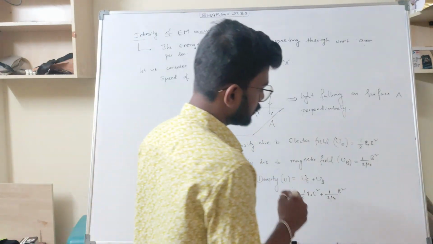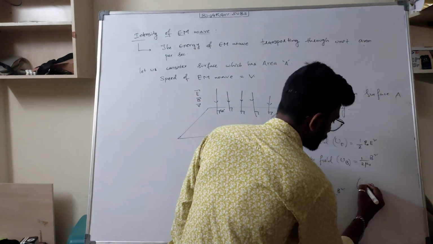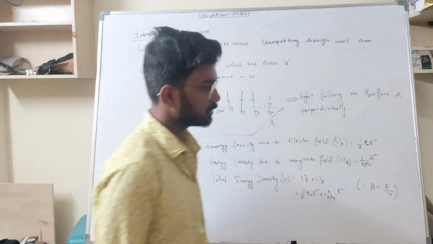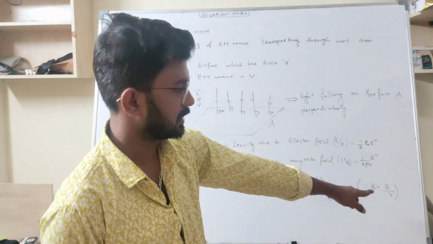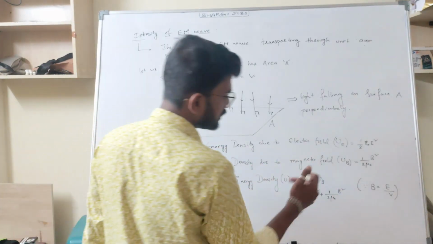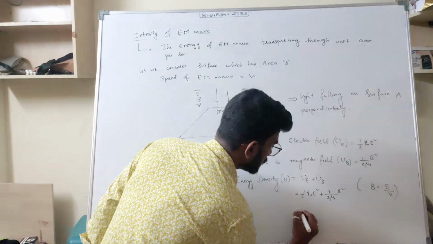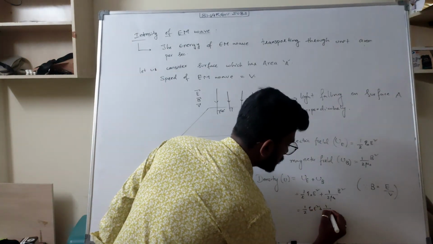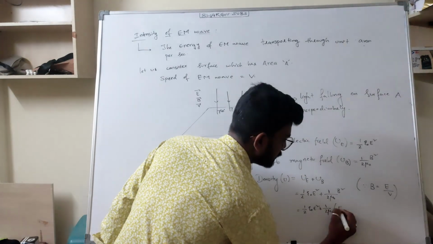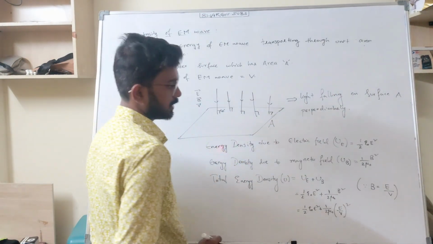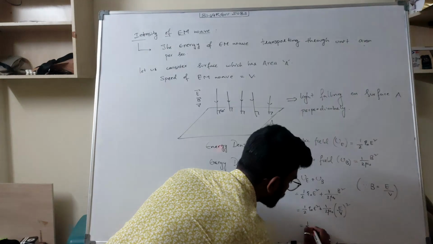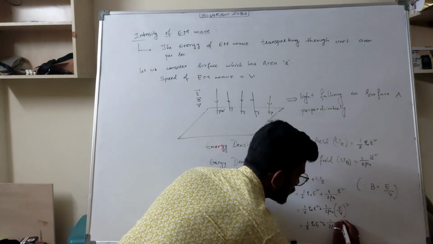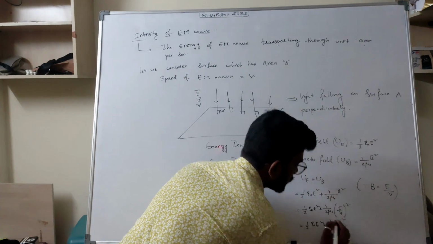And here you can know, since B is equal to E by V, magnetic field is equal to electric field by velocity. So you can substitute B is equal to E by V, right? Half epsilon naught E square plus 1 by 2 mu naught (E by V) whole square, right? So half epsilon naught E square plus 1 by 2 mu naught E square by V square.